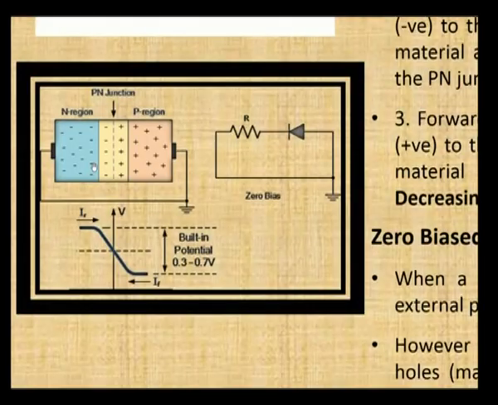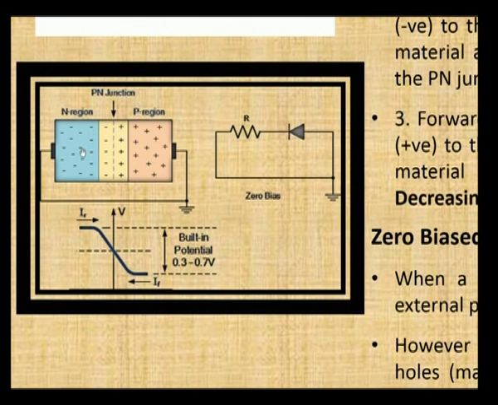In a zero bias condition, we are not giving any external voltage. What will happen with the holes and electrons inside the p-n junction? Since there is no external voltage, there are some holes in the n region and some holes in the p region which have sufficient energy to cross the barrier.